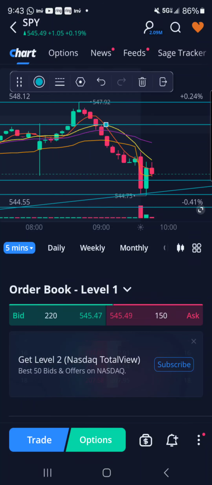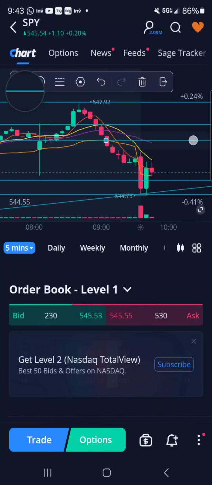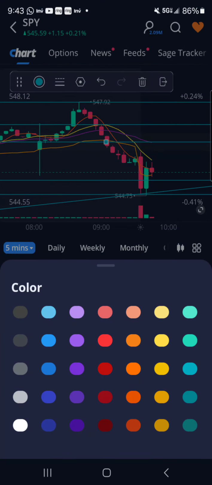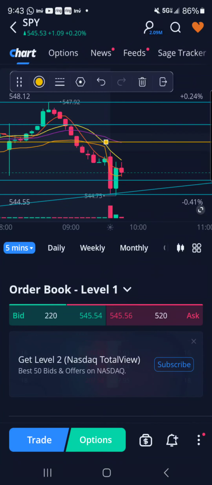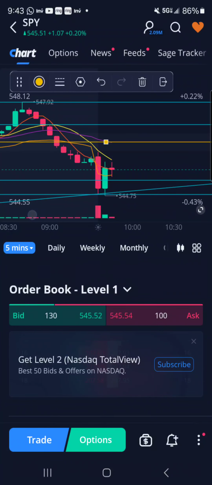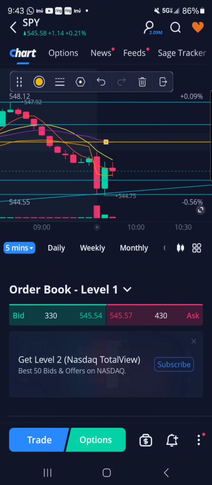And the next target, we could target here, the moving average. See if we get rejection from that moving average, which I think might be the case in this trade because we're looking weak. But let's see. Now we wait. So this was the first trade we took.